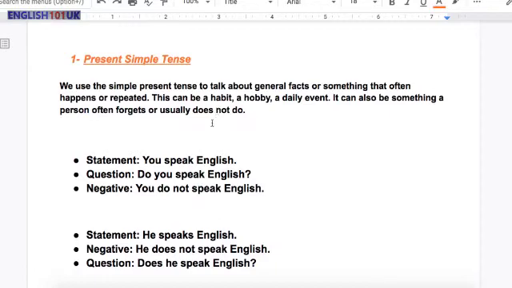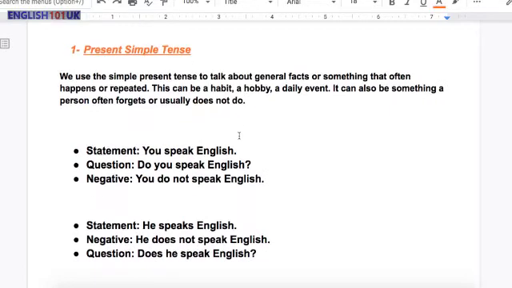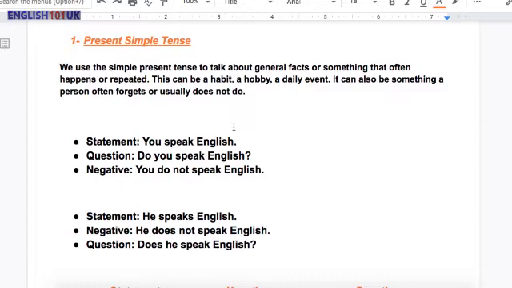For example, we know that sentences come in three forms: in a statement, in a question, and in a negative form. We have here the statement says, you speak English. This is a statement in present simple tense.